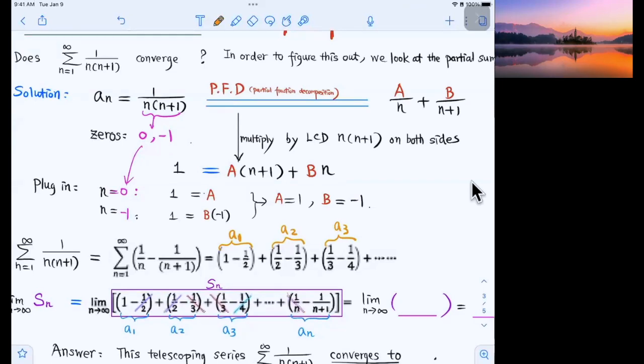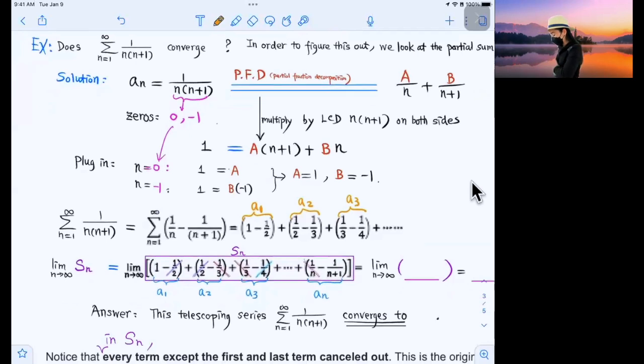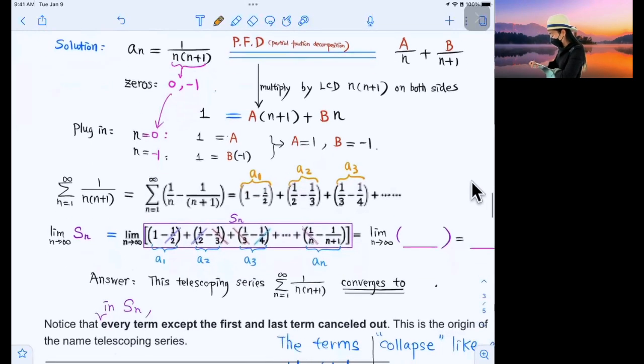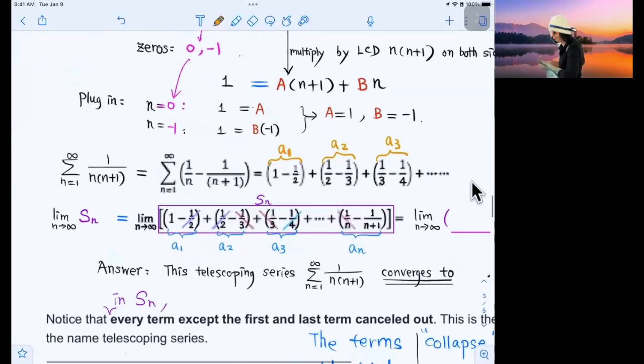And then A2, substitute 2 in it, so it's 1 half minus 1 third. A3 substitutes 3 in here, so 1 third minus 1 fourth. And you see the pattern. Continue this way. This is the series. And if you look at the n-th partial sum, we're going to stop at An.